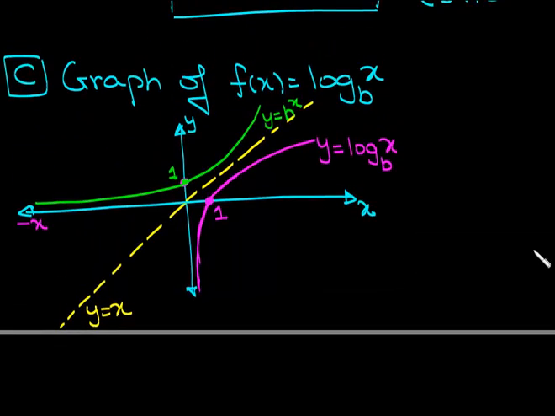The other thing to note about the graph is that exponential functions usually grow very rapidly, and since log is the inverse of the exponential function, it does the opposite. Log functions grow very, very slowly. For example, later on when we use our calculators to find logs, you'll notice log of 1,000 is not a very big number.